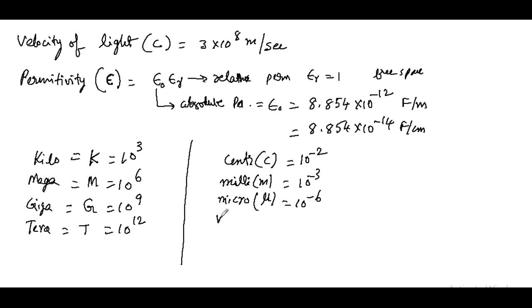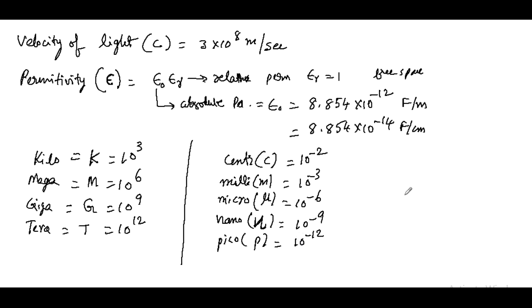Nano, denoted by small n, is 10 to the power of minus 9. And pico, denoted by small p, is 10 to the power of minus 12. So these come under negative powers.